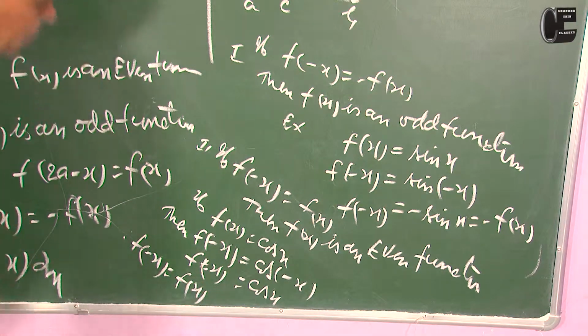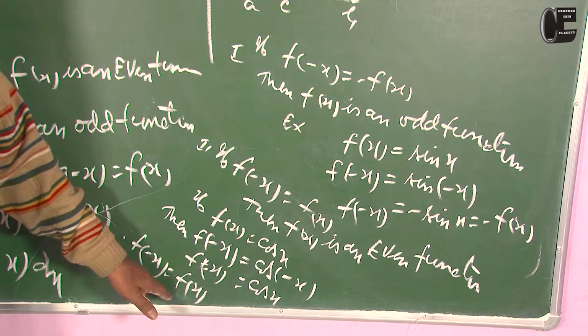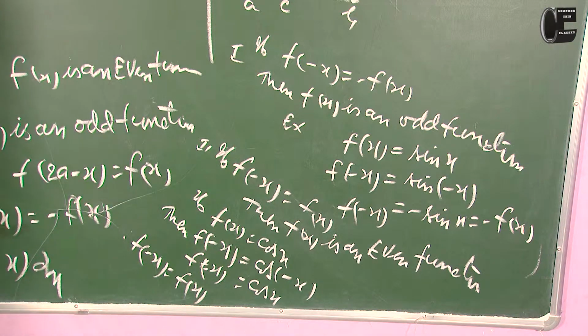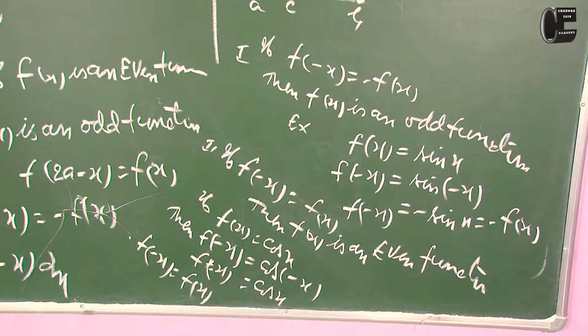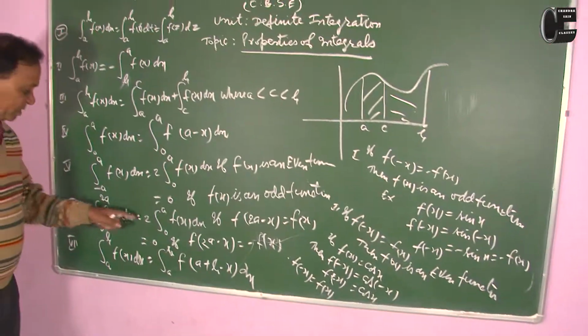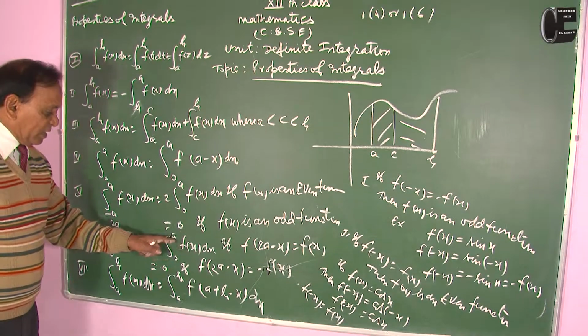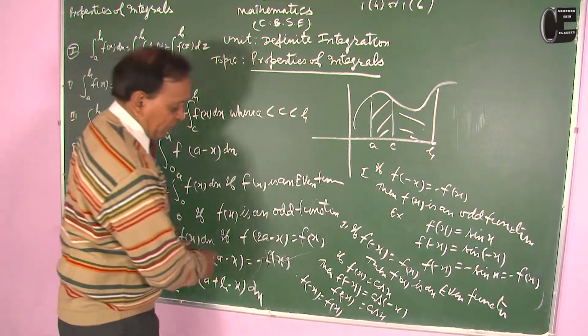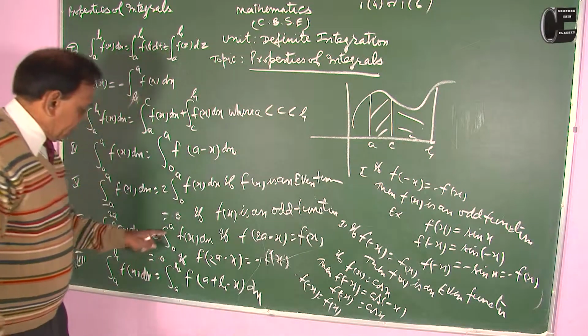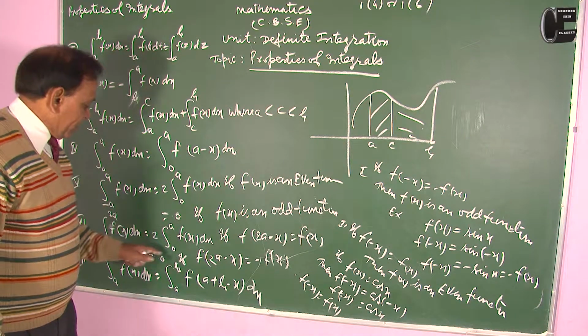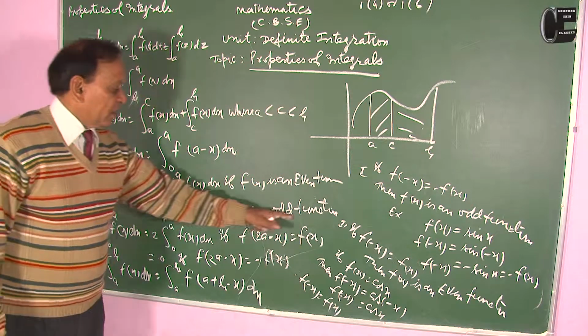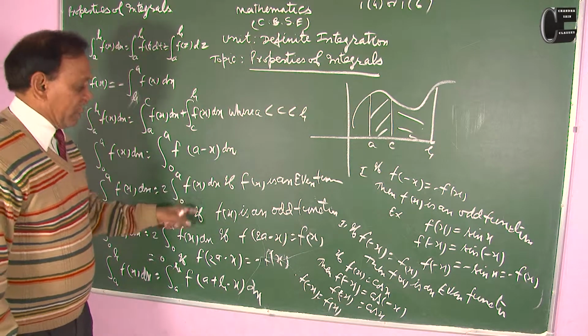It means this is an even function. These two properties will be here. If limits are minus a to a, this will be 2 times integral 0 to a of f(x) if f(x) is an even function. Otherwise, its value will be 0 if f(x) is an odd function. Very short, 2 times.